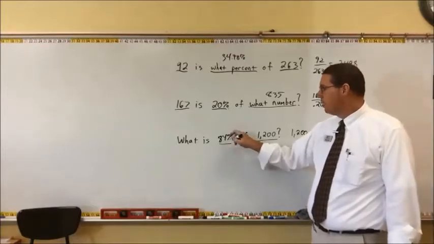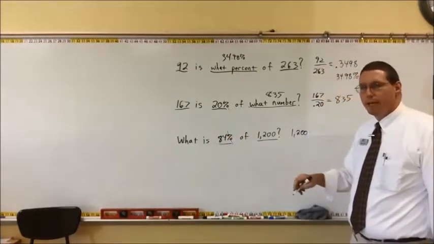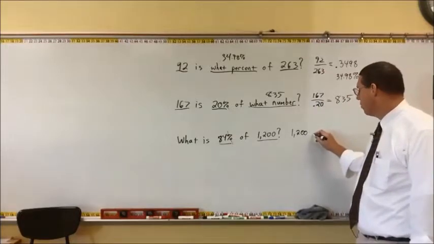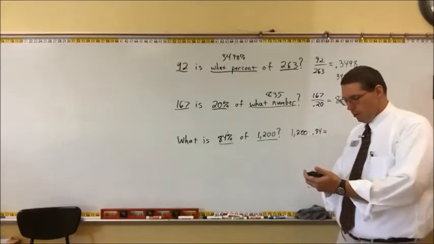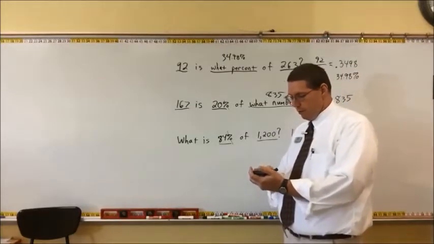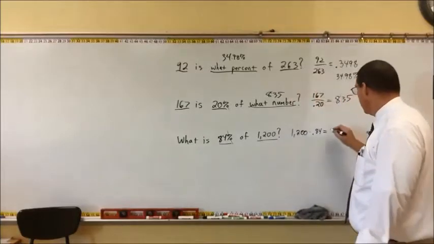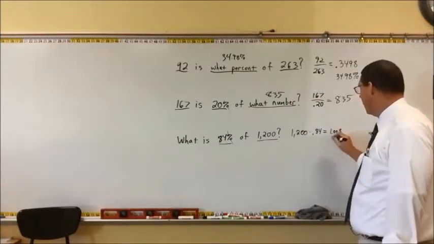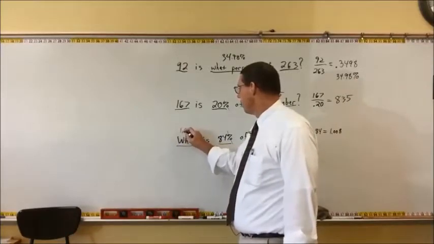So 84%, drop the percentage symbol, divide by 100, and we get 0.84. So 1,200 times 0.84, I get 1,008, and that means my is number is 1,008.